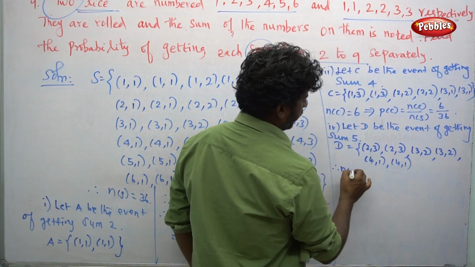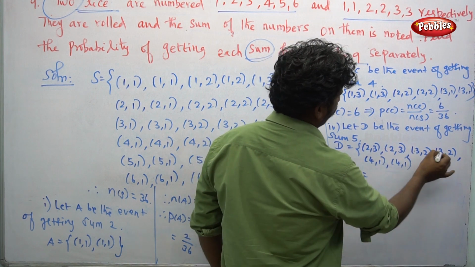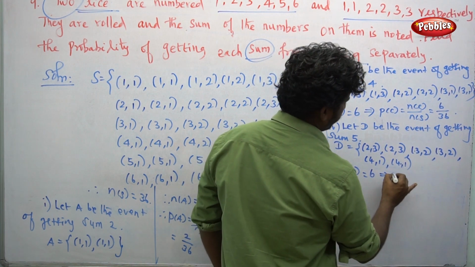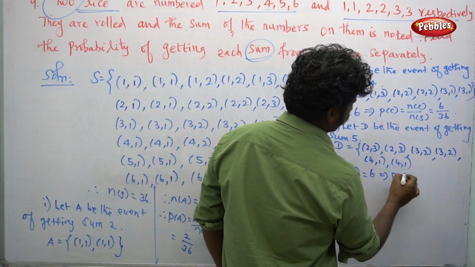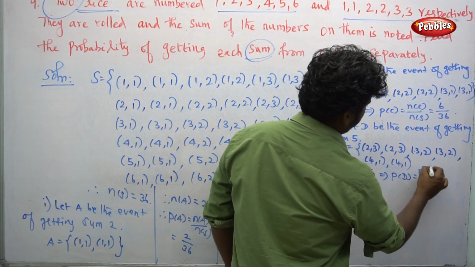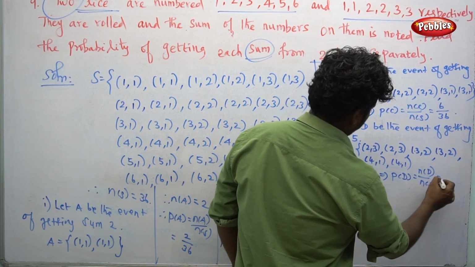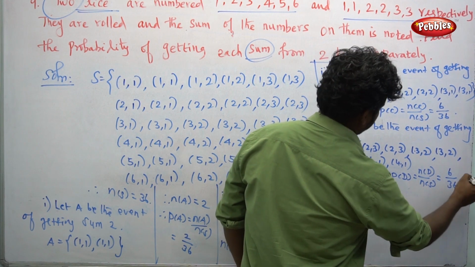So this is n of D equal to 1 2 3 4 5 6, which implies P of D is equal to n of D by n of S is equal to 6 by 36.